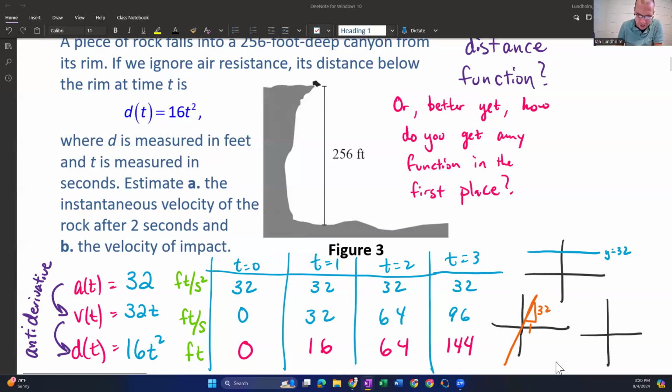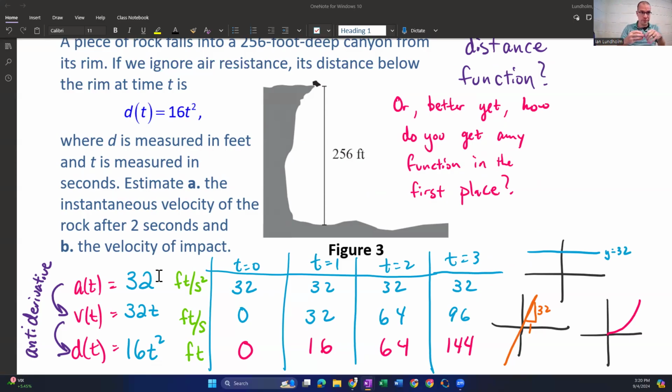Because on this part, yeah, I remembered that, this part is going to be quadratic. So we get a parabola. And it's not a coincidence that these things are growing by degree if you go this way or shrinking by degree if you go this way. There's actually a good reason for that. But calculus helps us understand that acceleration and velocity and distance are all related to each other because they're all related rates of change.